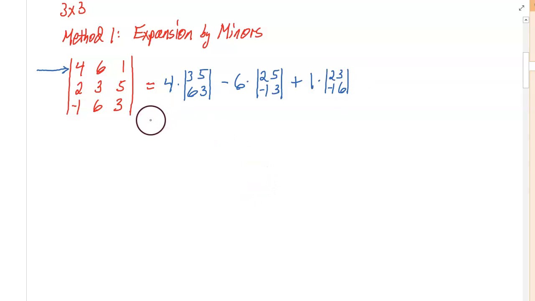Now let's evaluate this. We have 4 times, and we're going to evaluate this 2 by 2 determinant. 3 times 3 is 9, minus 5 times 6 is 30. Now subtract 6 times. 2 times 3 is 6, minus 5 times -1 is -5.